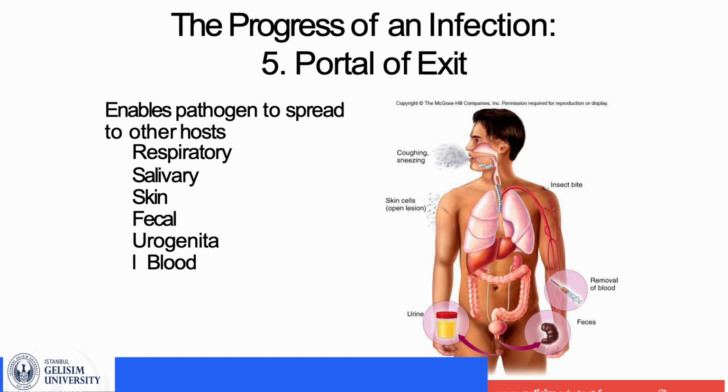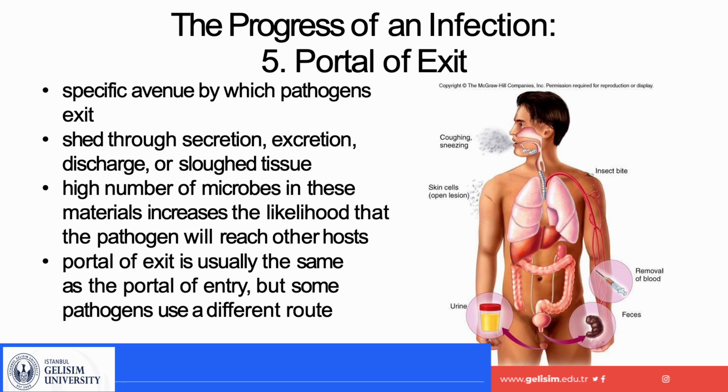The portal of exit is an important factor in the transmission of infectious disease. So the specific avenue by which pathogens exit is what we refer to as its portal of exit.